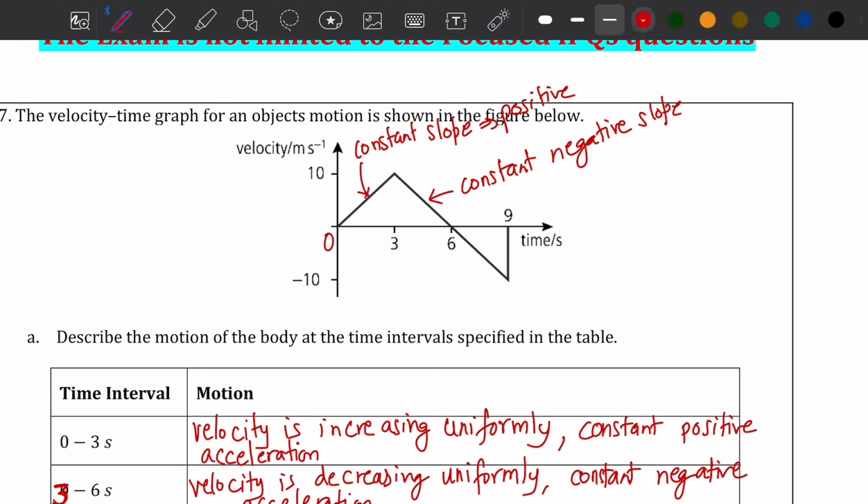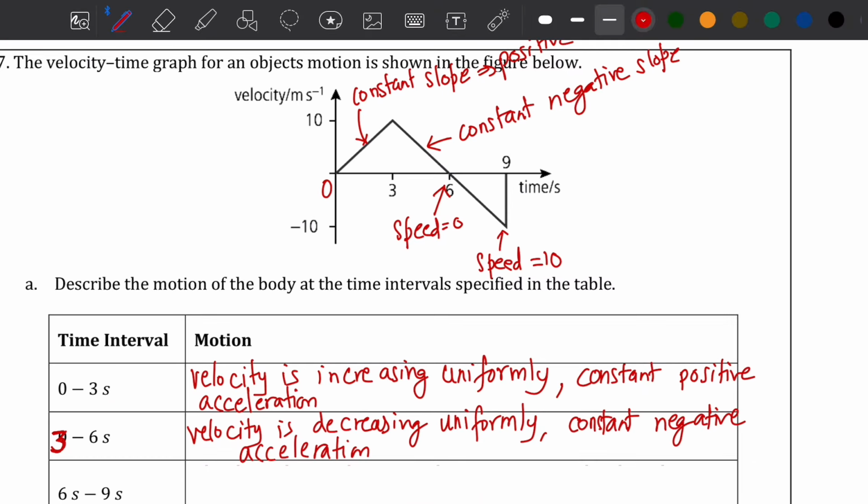Okay, so if I just label it here, the speed was 10 here, and here the speed was 0. So we can say that the object has changed direction. The reason for it is because the velocity before was positive, now the velocity is negative.